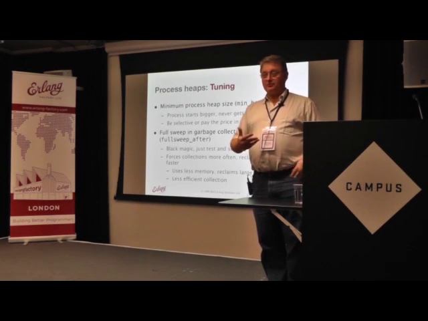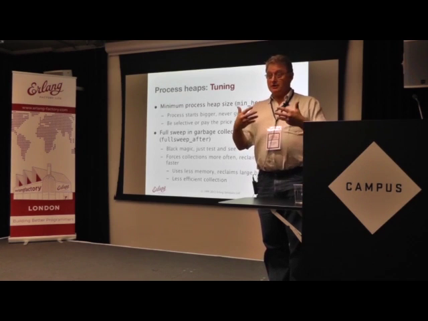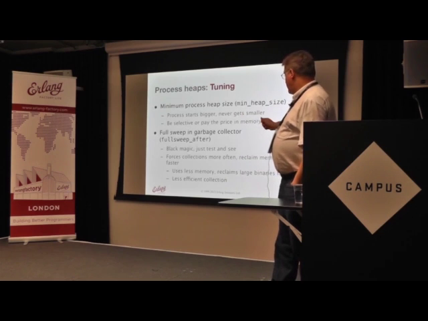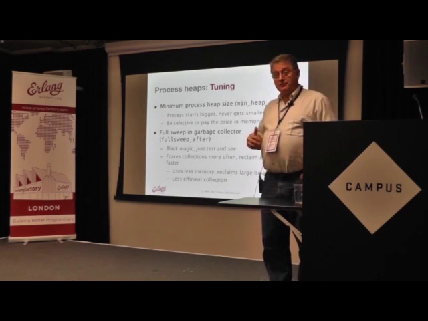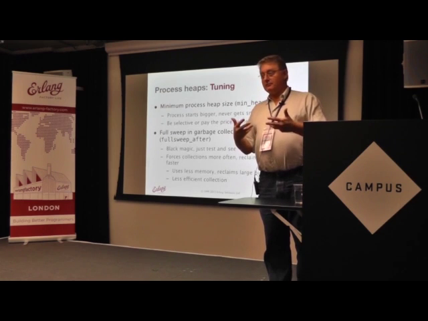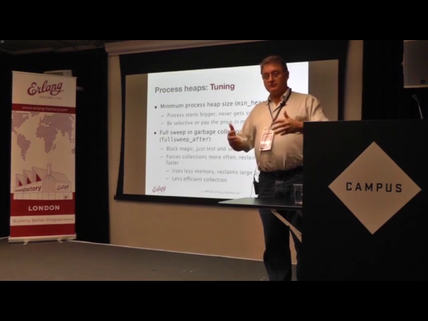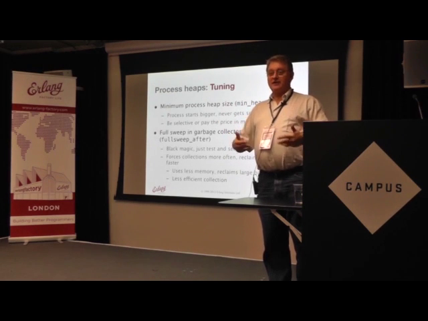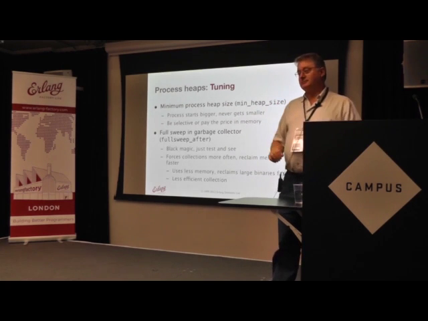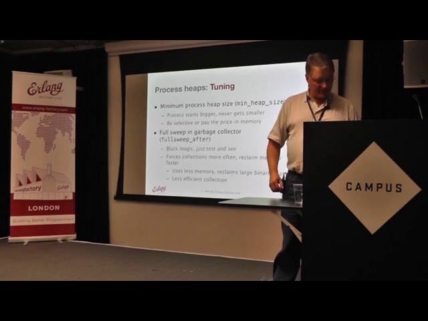You pay the price because the garbage collector will do more work, it will cost you more CPU, but you will use less memory. And it has the benefit that if you do this in all your processes, you will be able to reclaim the large binary space quicker, because you're forcing each process to do full garbage collection, and it can detect if the binary is no longer used. So again, it's a balance. You win something based on what you lose.